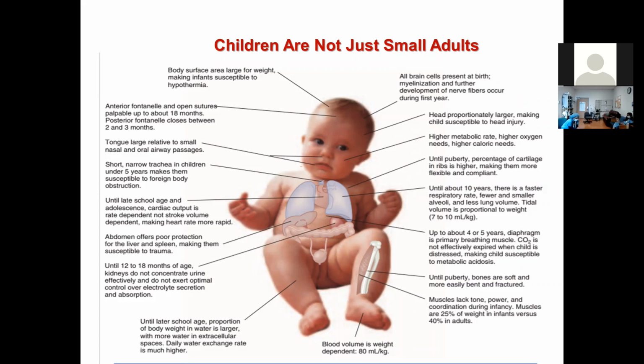Unfortunately, pediatric patients are unable to increase their stroke volume. They're only able to increase their heart rate. Therefore, tachycardia in a pediatric patient is a significant marker that the child is trying to compensate for cardiac output.